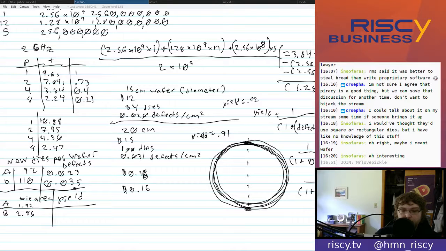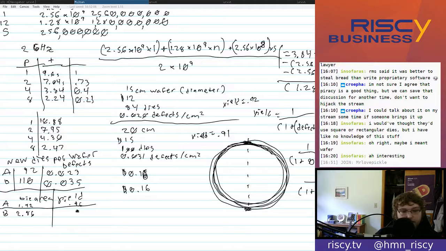So 1.92 divided by 2. And then all of this is going to be squared. So I get 0.957, so let's call it 0.96 yield. I take that to mean 96% yield.